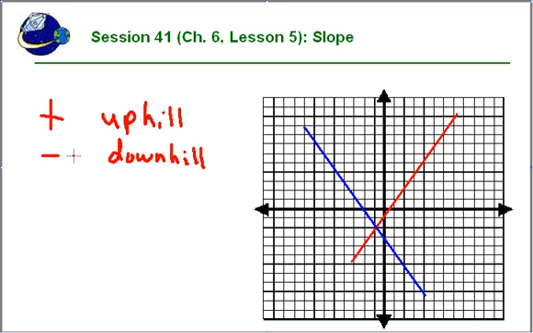A smaller negative number, such as a -1 or a -2 or a -1/2, those smaller negative numbers would indicate a gentler slope. So you can think of the slope steepness as being the rise of it going vertically over a particular distance going horizontally. That is what we determine or define the slope as being.